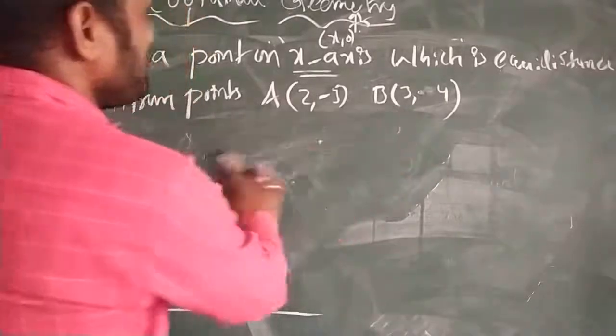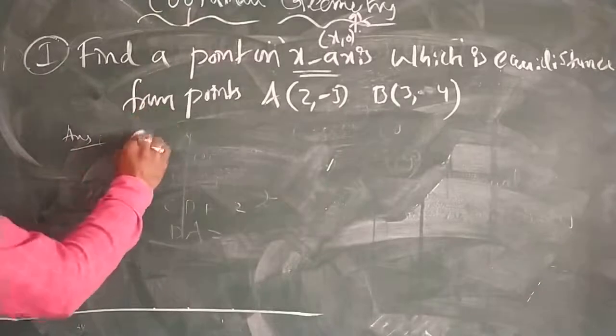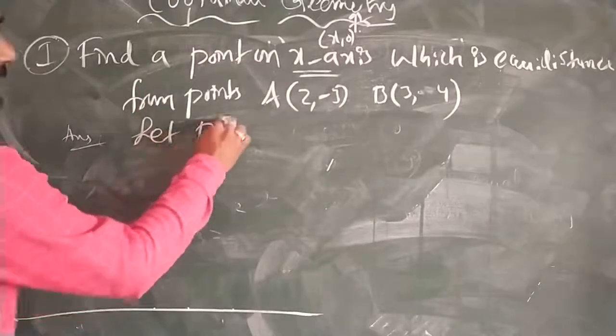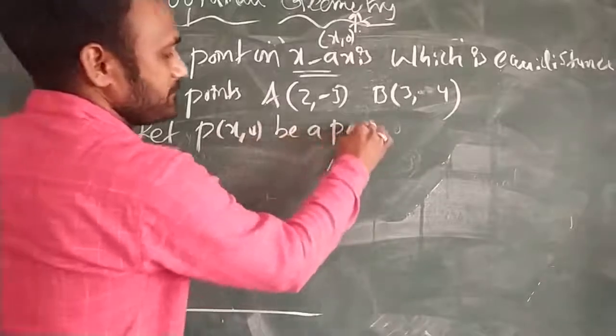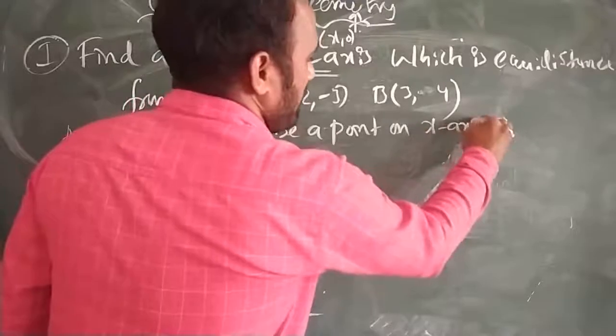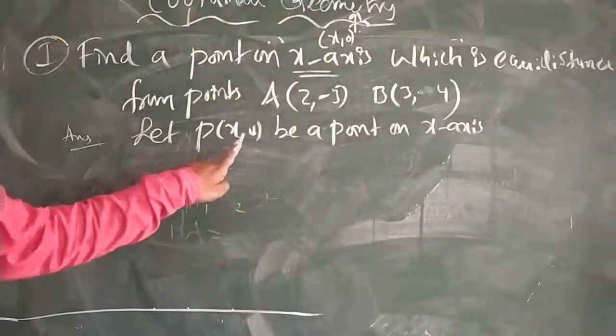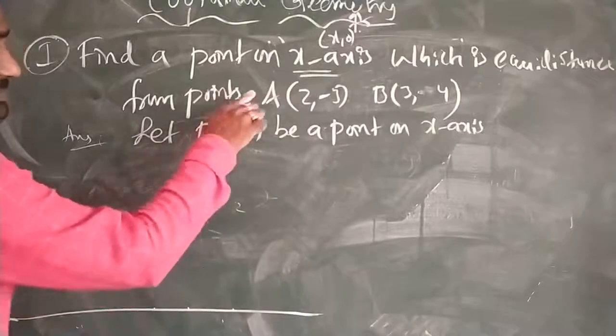Now our question is x-axis, so we assume that the point is P(x, 0). Let P(x, 0) be a point on the x-axis. If it is y-axis, the point will be (0, y).